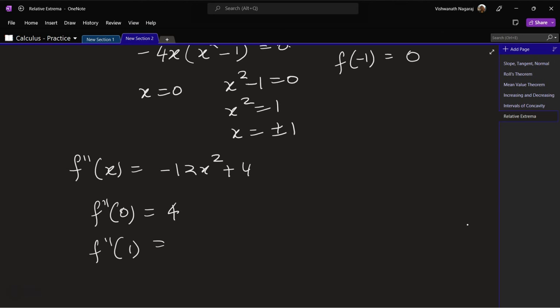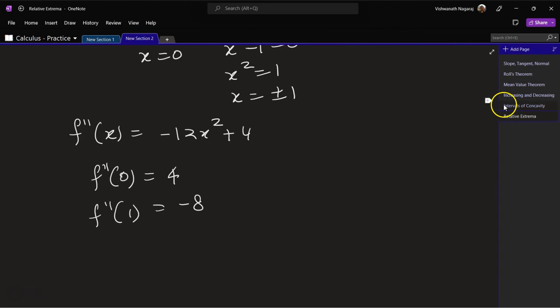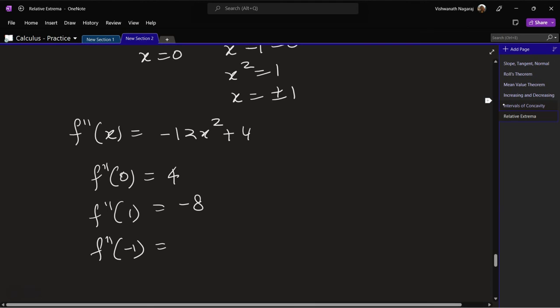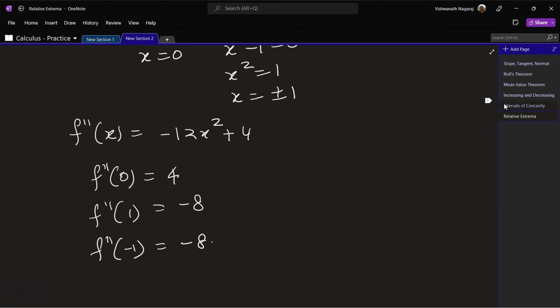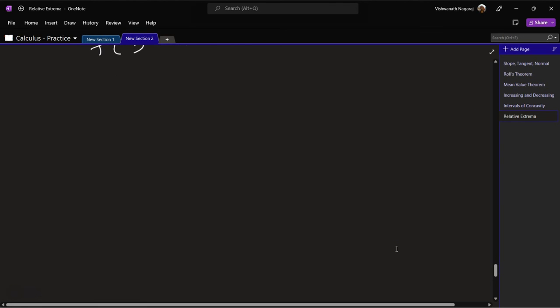So minus 12 plus 4 will become minus 8. So negative, which means this will be relative maxima. And finally, f of minus 1. So we take the second derivative at minus 1, which will be minus 1 also becoming plus 1. So minus 8. So again, this will be relative maximum. Okay, so that was the 11th one.